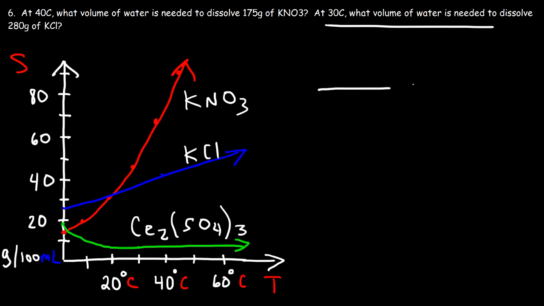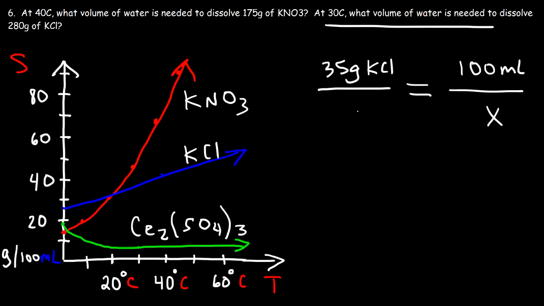So we need to set up another proportion just like before. So if 35 grams of KCl can dissolve in 100 milliliters of water at 30 degrees Celsius, then how many milliliters of water do we need in order to dissolve 280 grams of KCl at 30 degrees Celsius?